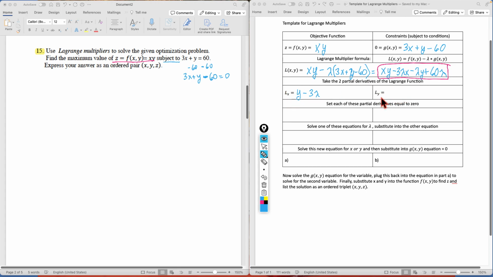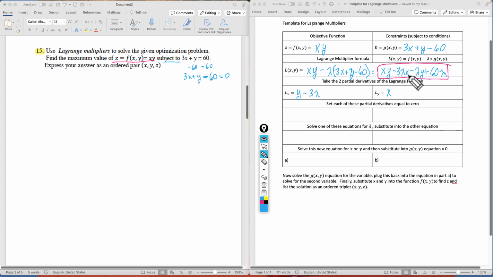Now the partial derivative with respect to y. There really isn't a lot of work to show. A lot of this we're doing mentally, but that's what's expected when you take the derivative. We come back to the same function, but now y is our variable. The derivative of y is 1, and 1 times x gives us x. Next term, negative 3 lambda x.